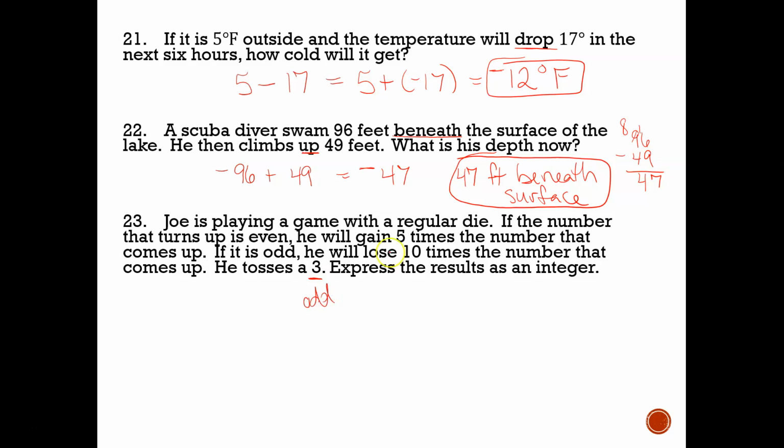Since he has an odd number, he's going to lose 10 times that number. So he's got a 3. You're going to multiply that by 10. He's going to lose 30. Now it says express the result as an integer. So a loss of 30 would be considered a negative integer. So you would answer negative 30.